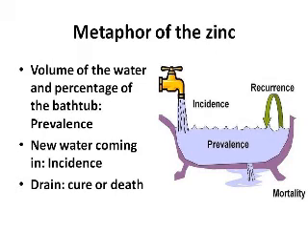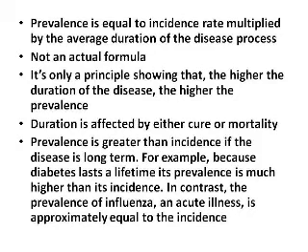So we can understand the relation between prevalence and incidence by saying that prevalence is equal to the incidence rate multiplied by the average duration of the disease process. Now, keep in mind something. This is not an actual mathematical formula. This is only a principle showing that the higher the duration of the disease, the higher the prevalence.